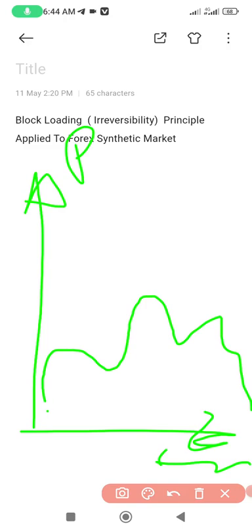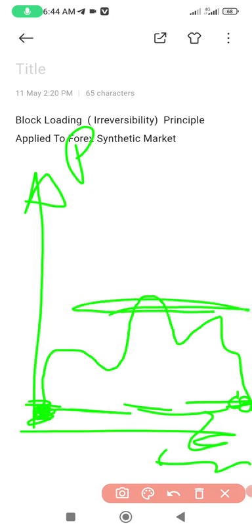You bear witness that when price is coming towards this level, you will be like, it's going to reverse because of what happened here. And when price is returning back to this level, you feel like it's going to reverse because of what happened here.